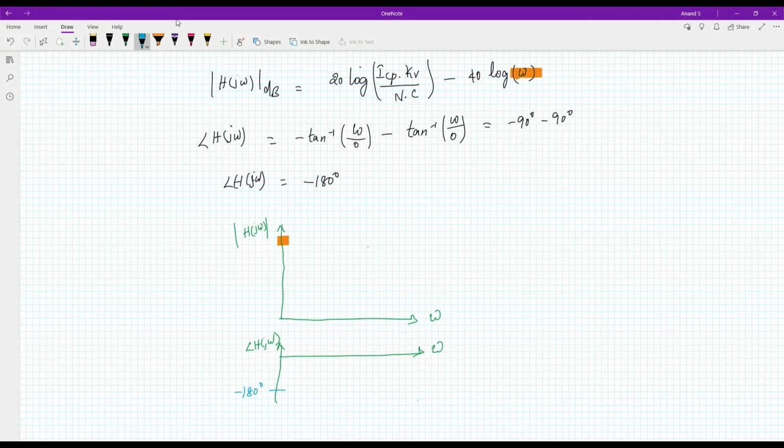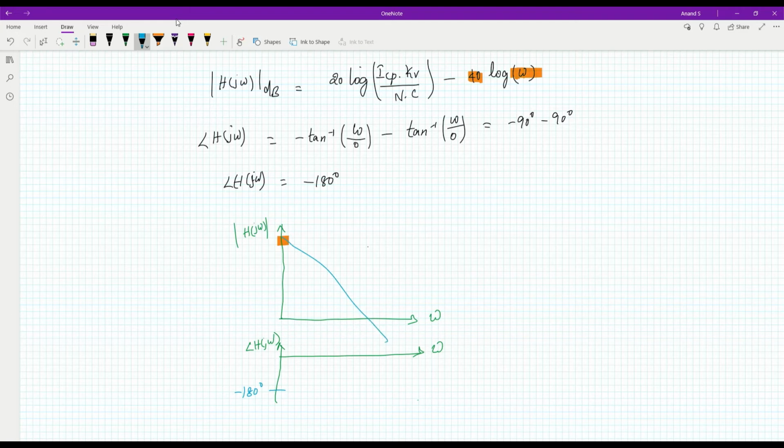Okay, so we can see here as frequency omega increases, the value of overall gain reduces because of this negative sign, with a slope of minus 40. So let us plot this. We will be getting a continuously reducing gain with a slope of minus 40.